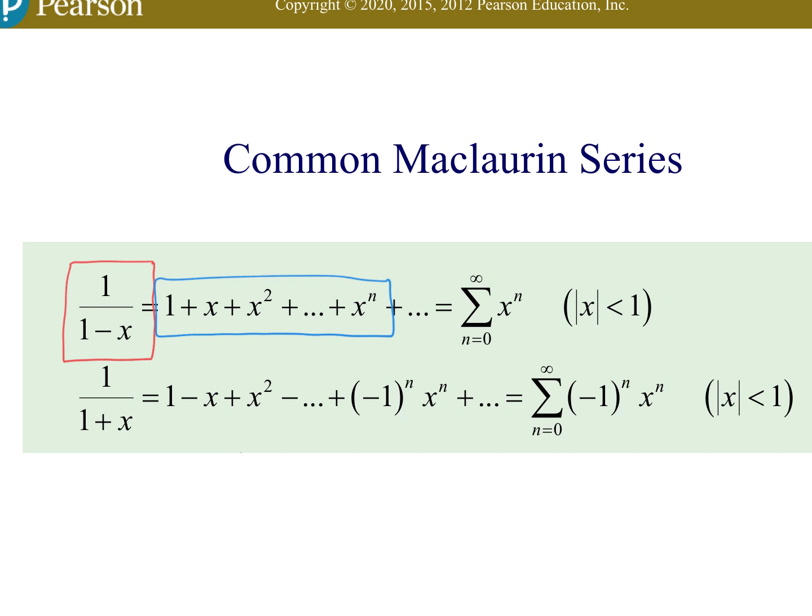This is also a geometric series. What's the r? The r is x. And we know the geometric sum is a1 over 1 minus r.